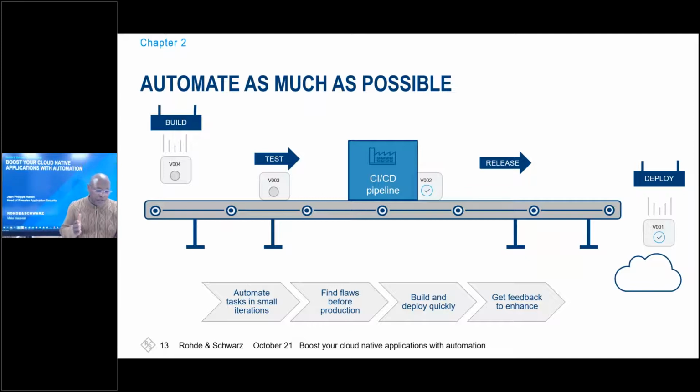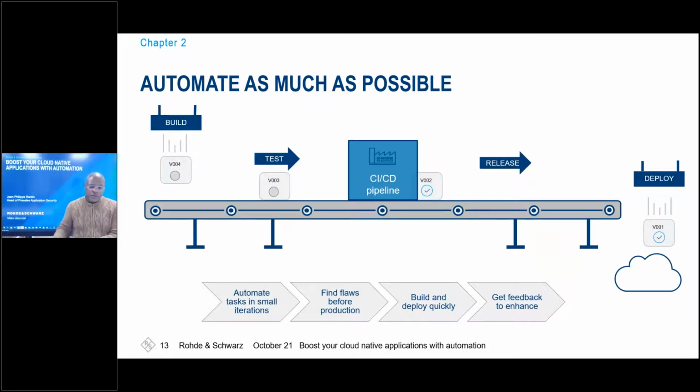The idea is really to automate as much as possible. When you automate as much as possible, during the build phase you have the ability to use the product, then to implement some testing phase towards the CI/CD pipeline.